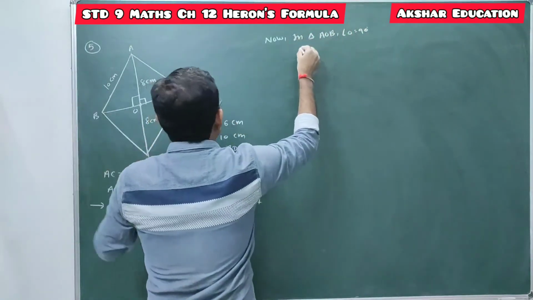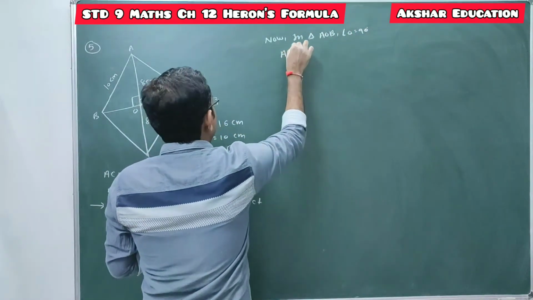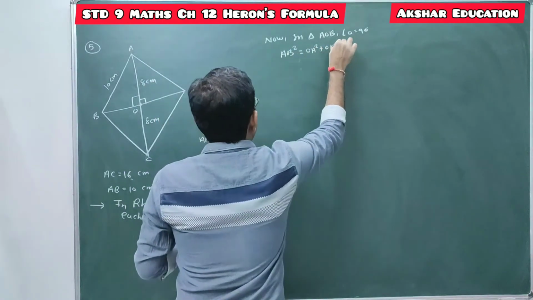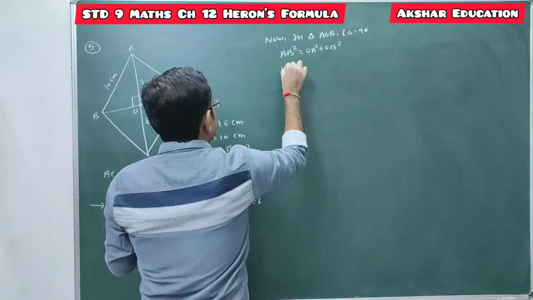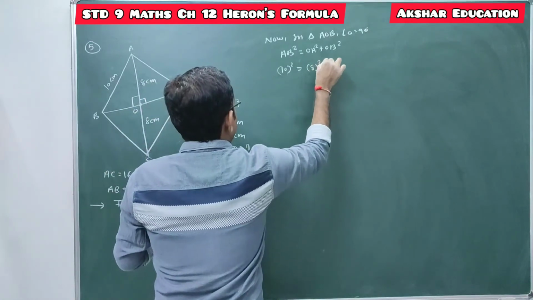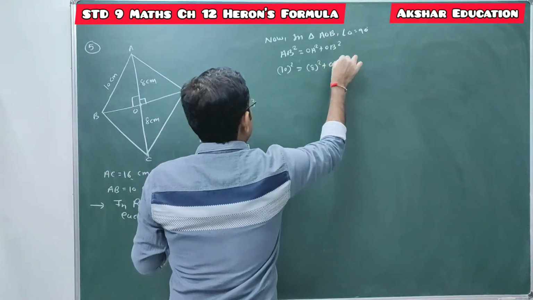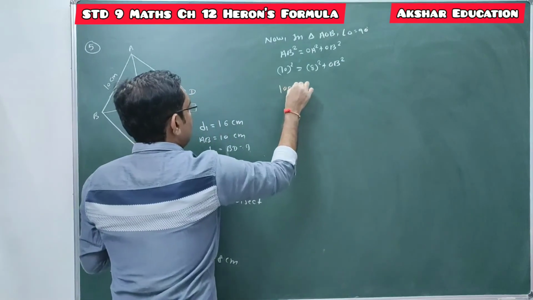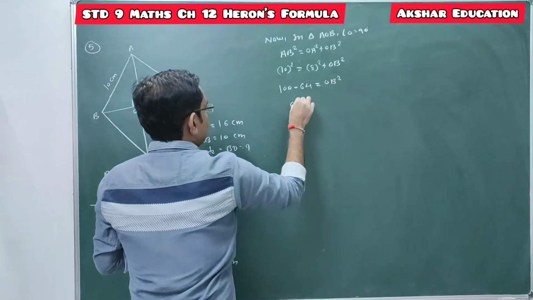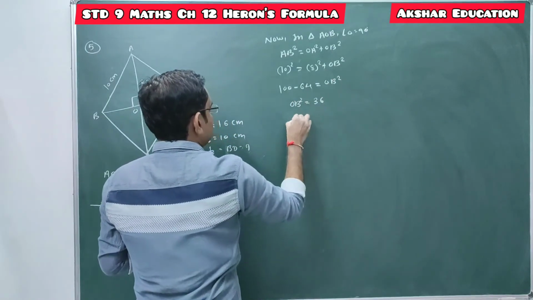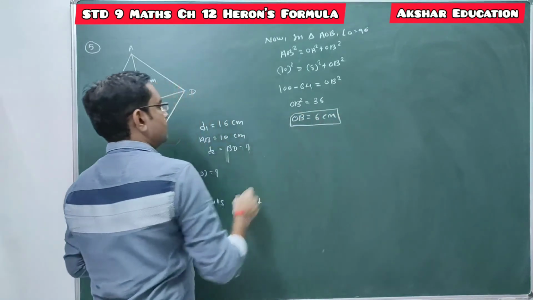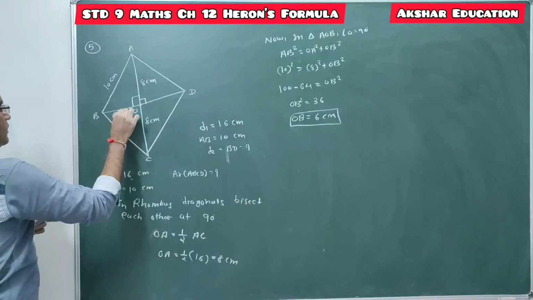According to Pythagoras theorem, AB square, the hypotenuse, equals OA square plus OB square. So 10 square equals 8 square plus OB square. 100 minus 64 equals OB square. So OB square is 36, and OB is 6 centimeter.